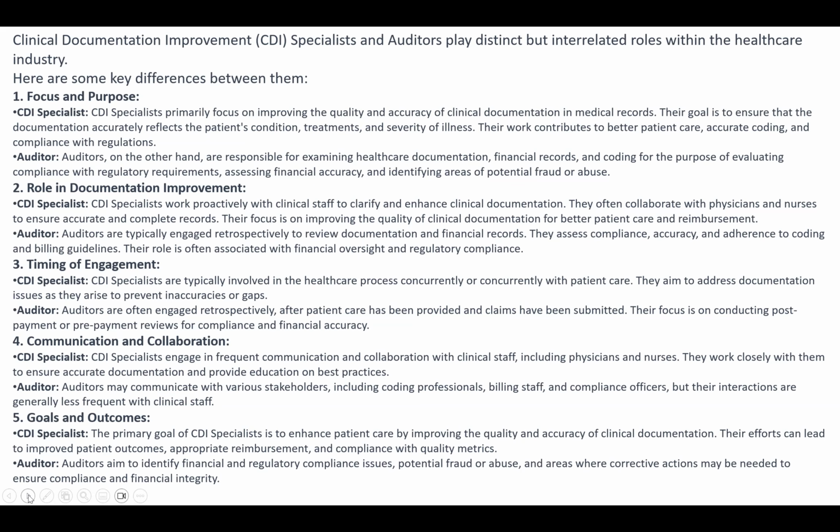Auditors are looking back retrospectively, looking for trends, looking for red flags. So we're going to move to timing here in number 3, but timing is one major distinguishing factor that identifies a CDI specialist and an auditor independently.